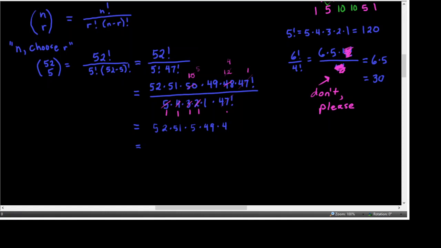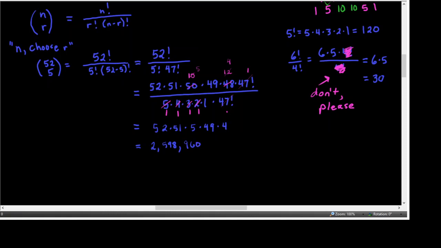But I want you to know how to do factorial arithmetic, like what we just did with all that canceling, because I think that's helpful for you to understand how a person could arrive at an answer. Anyway, if you multiply all this out, you get 2,598,960.